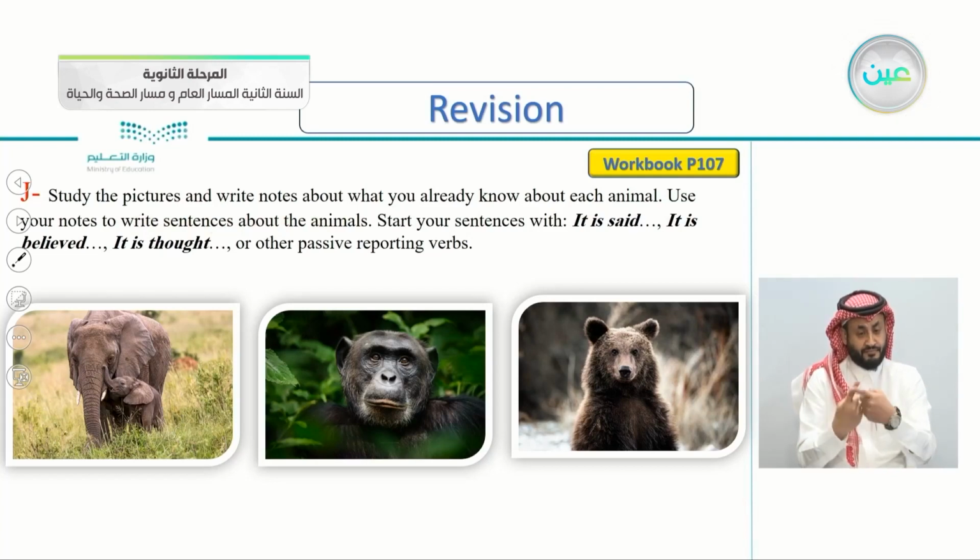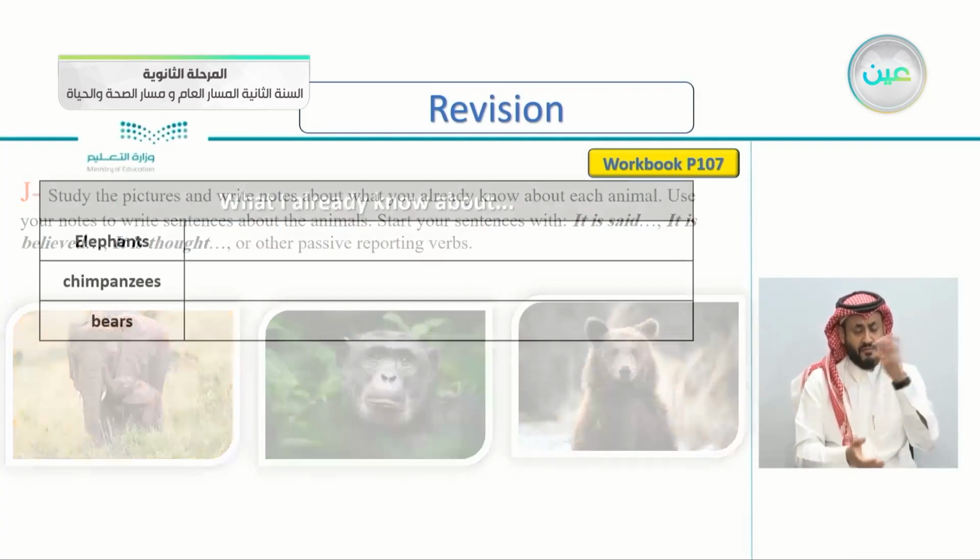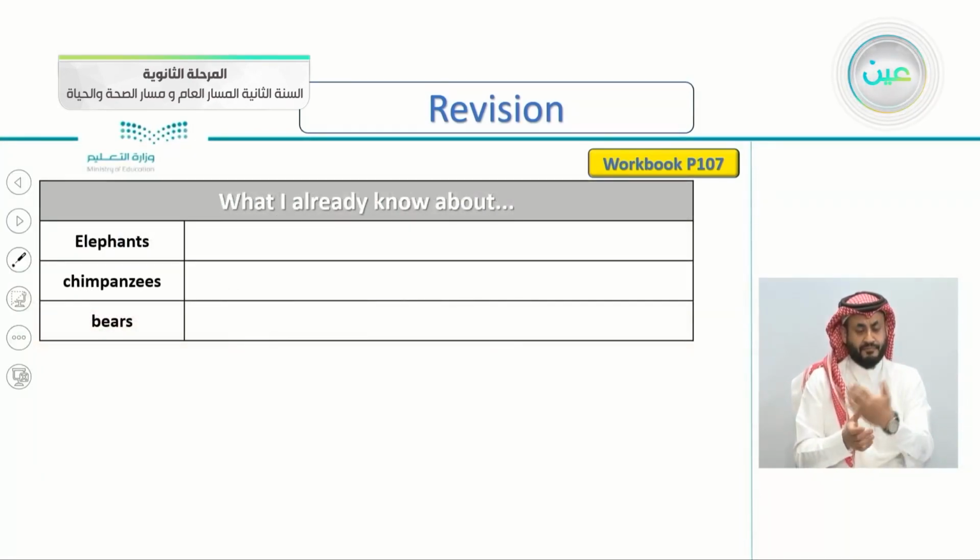Start your sentences with "it is said," "it is believed," "it is thought," or other passive reporting verbs. So any other passive verbs or passive reporting verbs. Remember about elephants, chimpanzees, or bears. So this is the chart here: what I already know about elephants, chimpanzees, or bears.